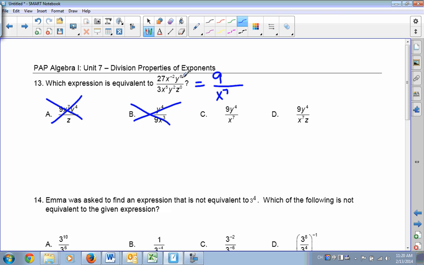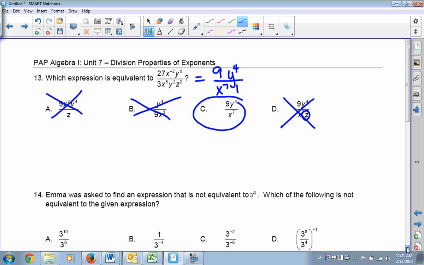They're both positive, so you just subtract. 6 minus 2 is 4, and that's in the numerator because there's more y's up top. Z to the 0, 1. So it's not Z. So what is our answer? C. C. It's not D because of that Z right there. Okay, good.